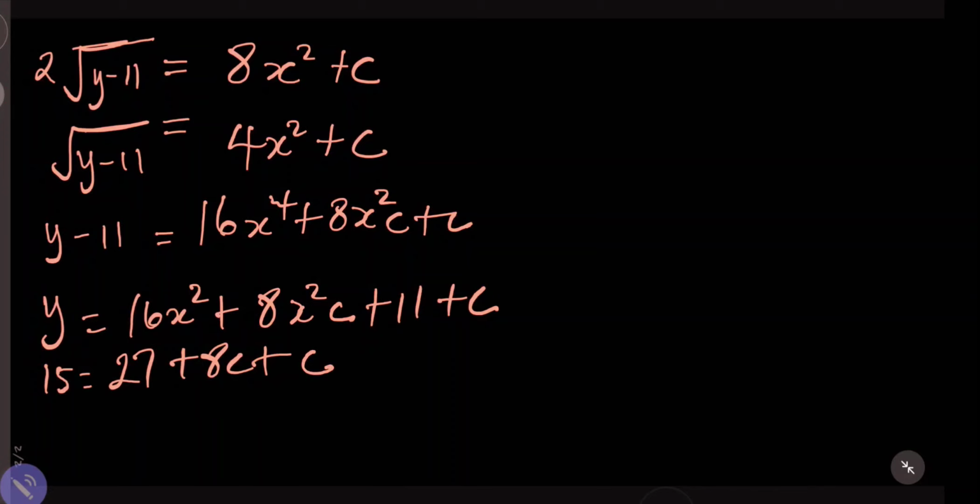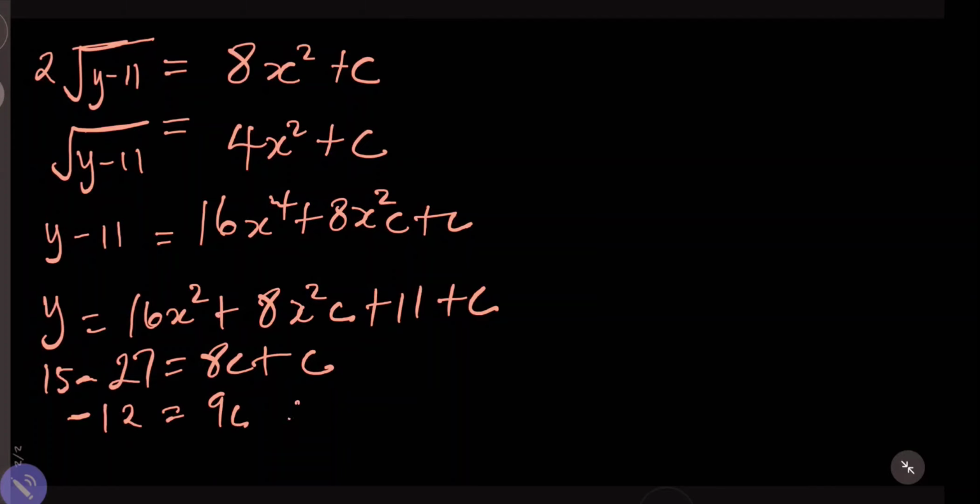Yeah, this is it. So when I try to bring like terms together, this should move over here. This would be 15 minus 27 equals 8c plus c. And that will be the same thing as saying 15 minus 27, that's minus 12, equals 9c.